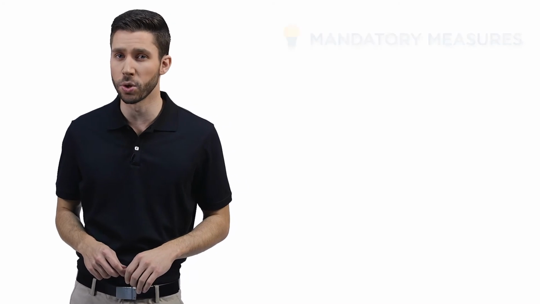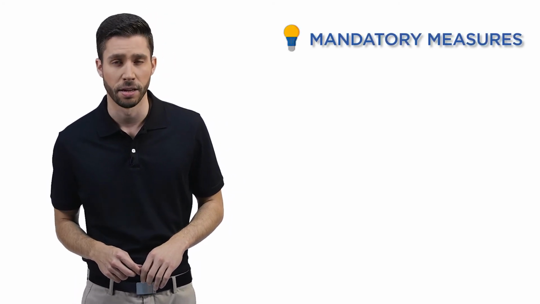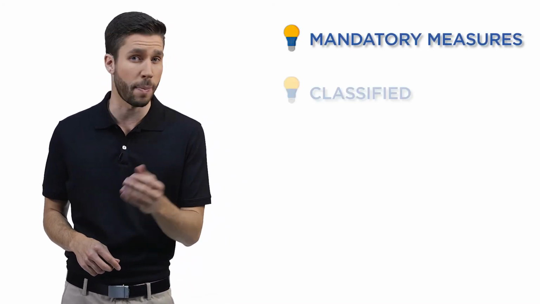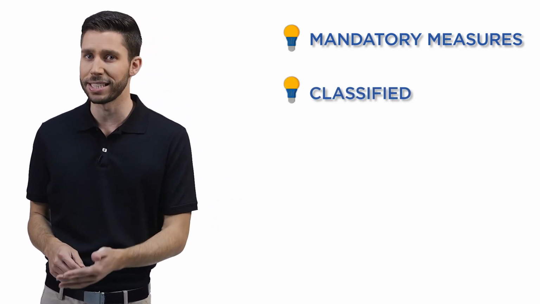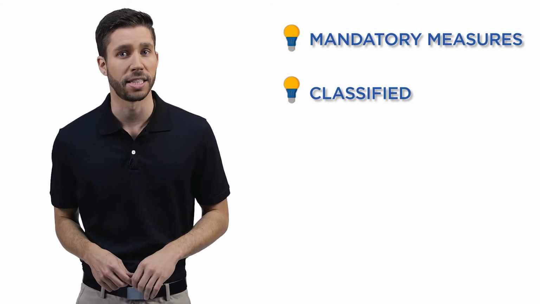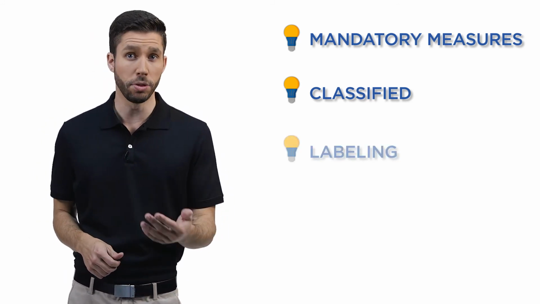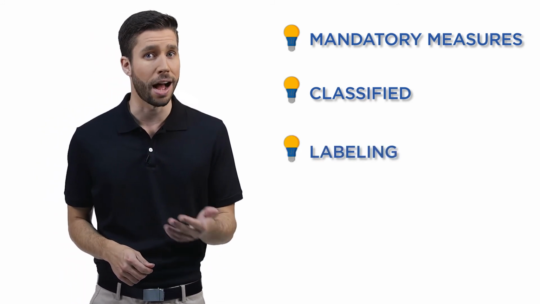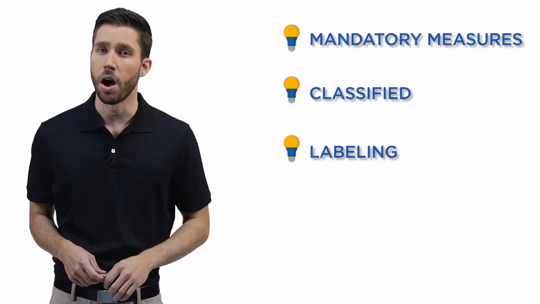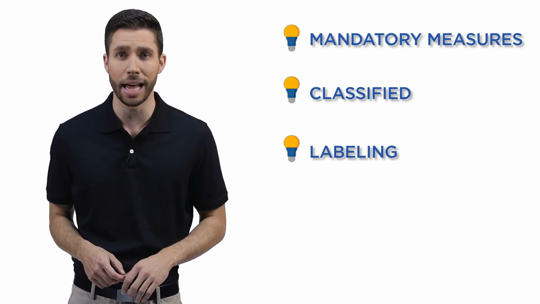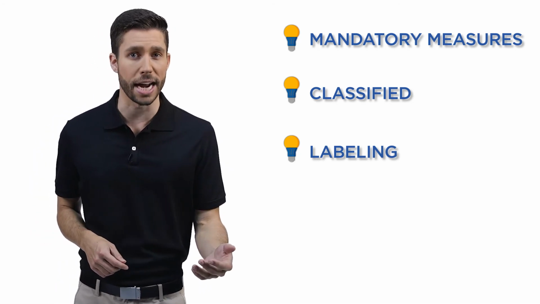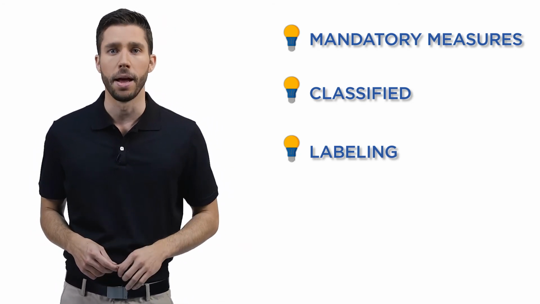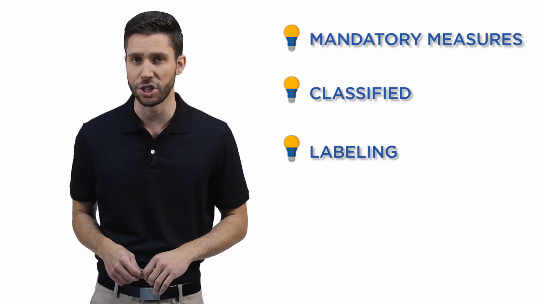Before we end this module, let's review what we've learned. We discussed the mandatory measures for high efficacy lighting. We learned which light sources are automatically classified as high efficacy and which light sources must be certified to CEC to be classified as high efficacy. We have reviewed labeling for JA8 compliant high efficacy light sources. All high efficacy sources must be labeled with JA8-2016 or JA8-2016-E depending on their intended application.